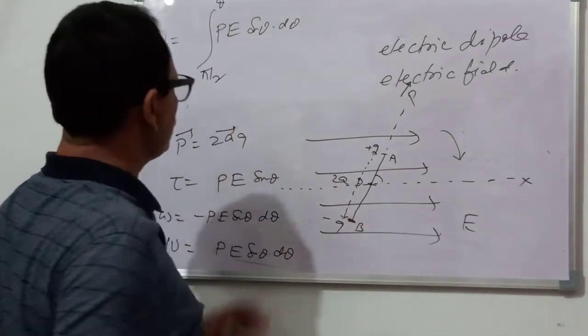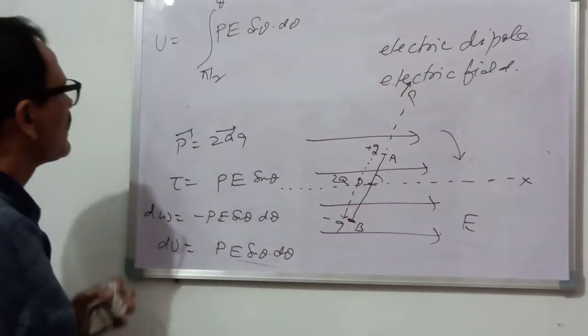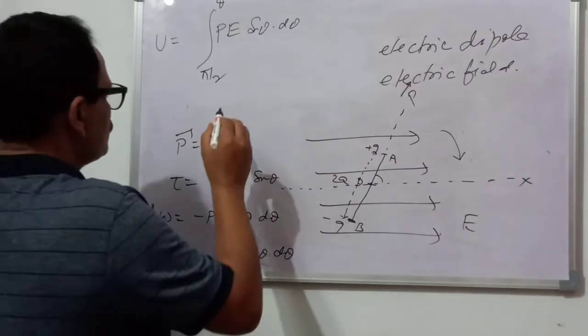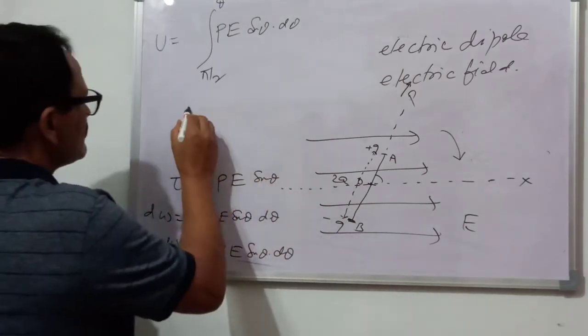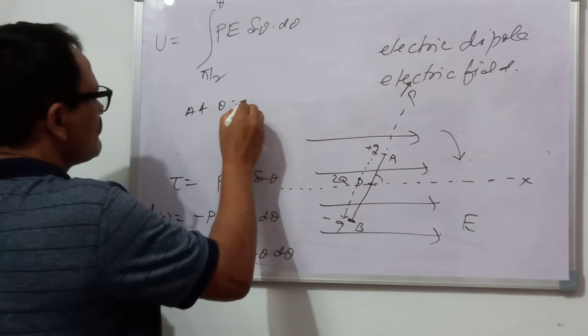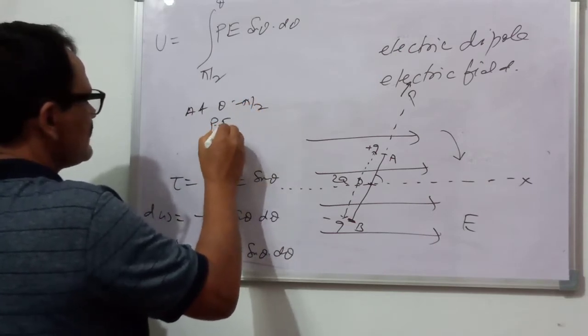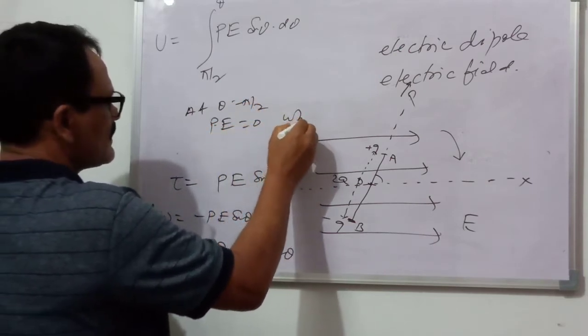Why I am taking pi by 2, I will explain later. For now, assume that at theta equal to pi by 2, potential energy is 0. Why, I will explain.